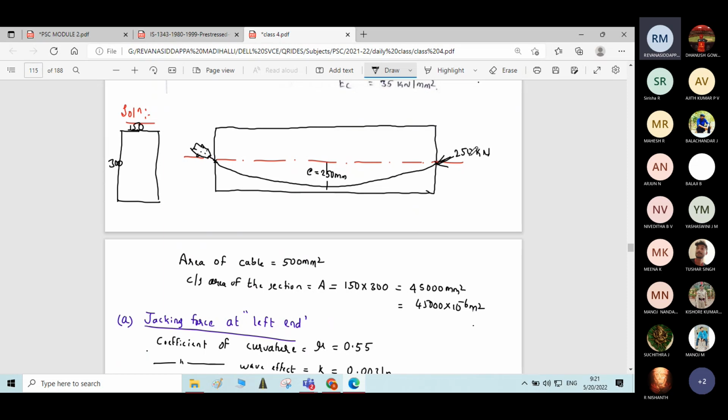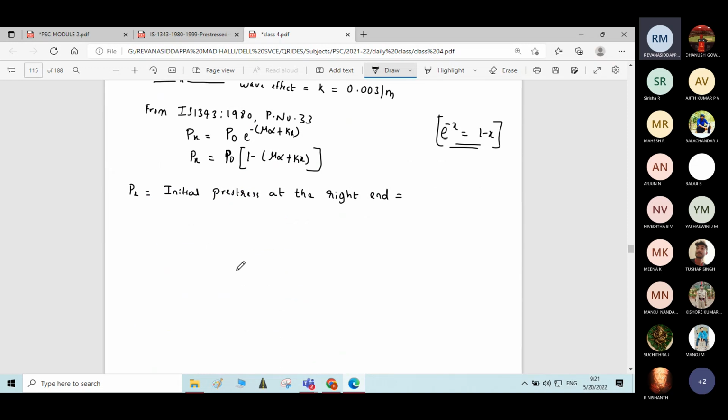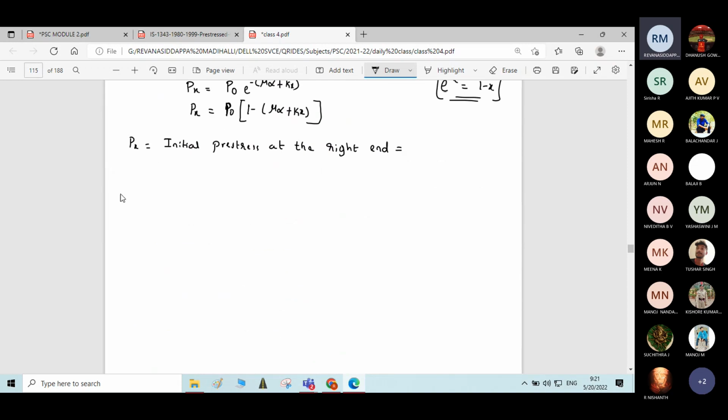If you know the initial pre-stressing force at the right end, you can calculate the initial pre-stress at the right end: force divided by area of the cable. So Px, the initial pre-stress at the right end, is equal to the initial force at the right end divided by the area of the cable.